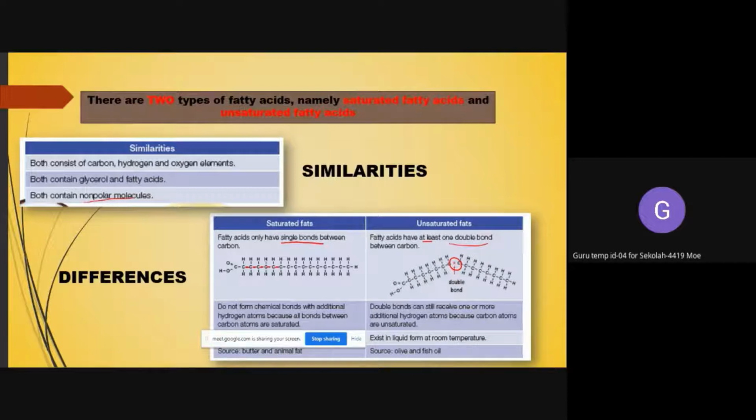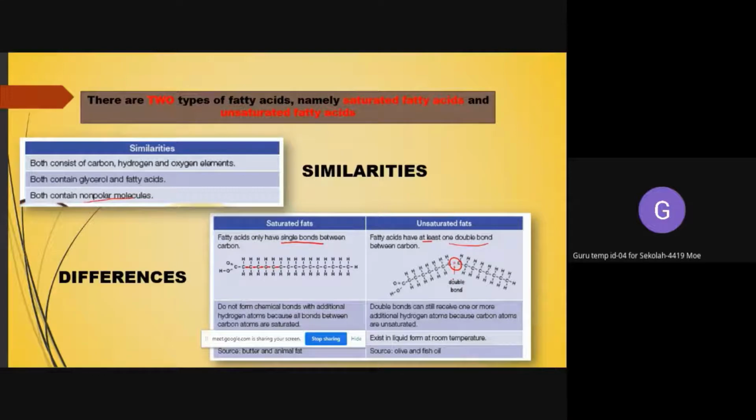Yang kedua, saturated fats do not form chemical bond with additional hydrogen atom because all bond between carbon atoms are saturated. Dia dah tak boleh nak form chemical bond with additional hydrogen atom. Kalau ada penambahan hydrogen atom pun dia tak boleh nak buat bond yang baru.